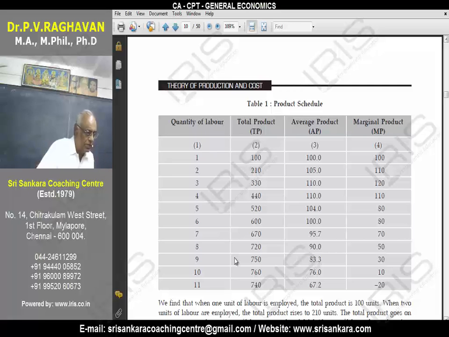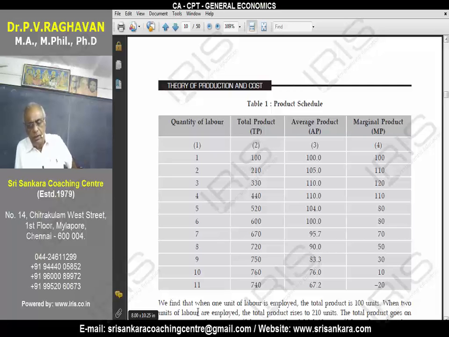Now, the next question is important for you. Explain the law of variable proportion. Explain the law of variable proportion. So you have to explain the law of variable proportion with the help of table 1, page 114.